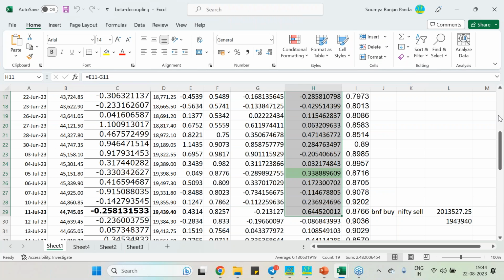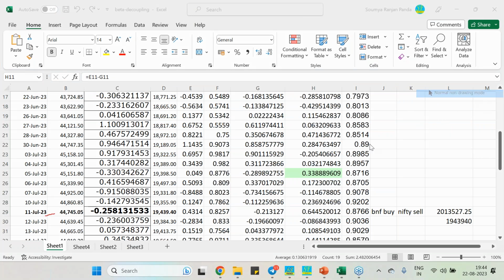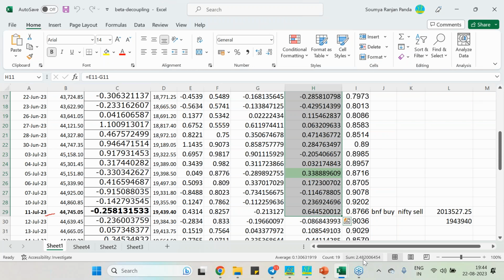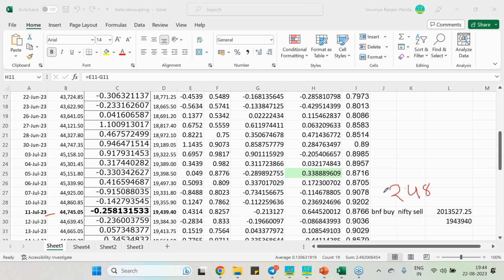Better is plus 2 or minus 2. Here it has given on 11th July, if I take all readings, a value more than 2.48. I am summing up every day's decoupling: 2.48. That means Nifty has moved 2.48 steps ahead of the Bank Nifty.